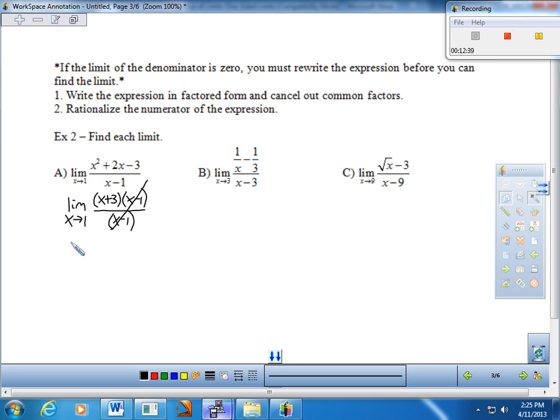And so now what I'm left with is the limit as x approaches 1 of x plus 3. Now, everybody, can I pull the trigger on the 1? Can I put the 1 in for x and actually get a value? Yes, I definitely can. I put in the 1, and now I get 4.